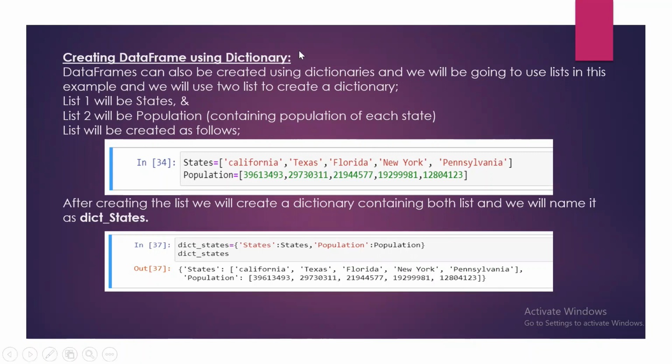So here we have used an example of populations of different states of United States. So we will create multiple data sets and then use them to create data frame.